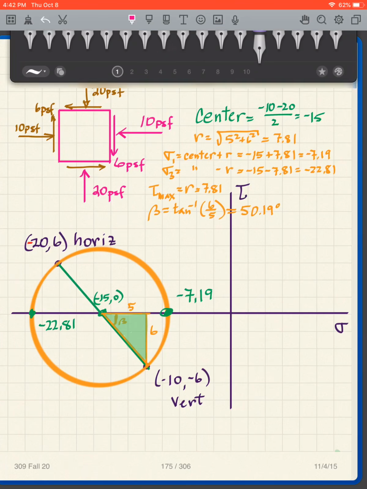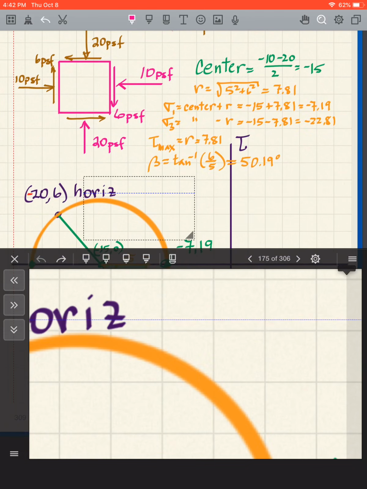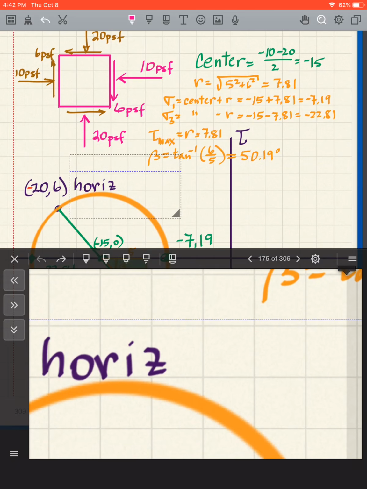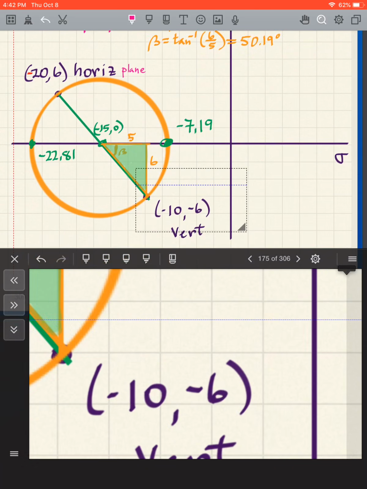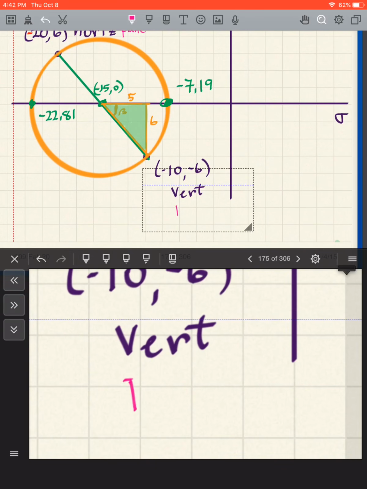So let's just make sure that there's no confusion. This is the horizontal plane. This is the vertical plane.